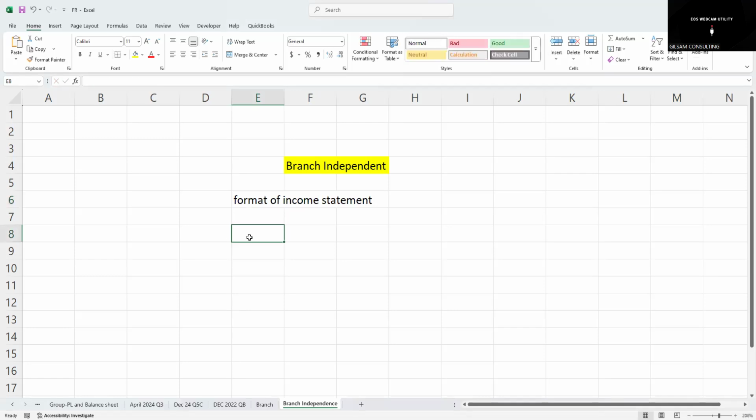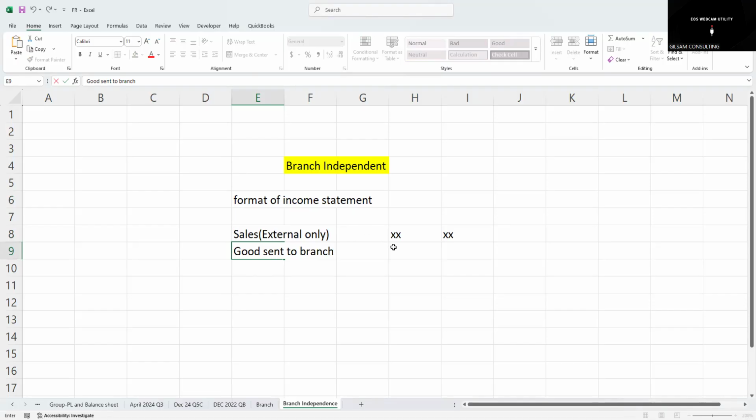The format of income statement, which we have sales in brackets, external only, then we'll have goods sent to branch, and this we don't have.